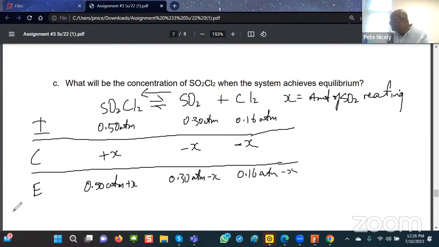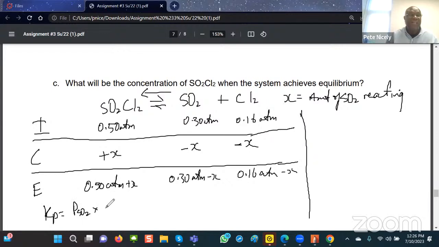All right. So the next step is we're going to write down the Kp expression. In the interest of spacing, let me continue down here. So Kp is going to be equal to, based on the equation, the pressure of SO2 times the pressure of Cl2 divided by the pressure of SO2Cl2.